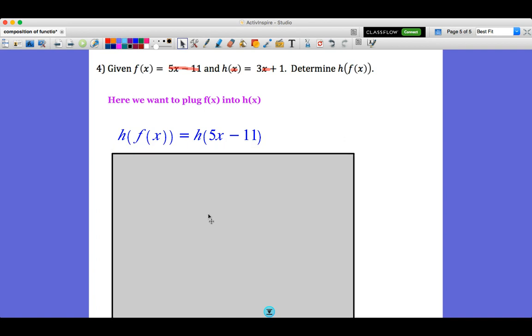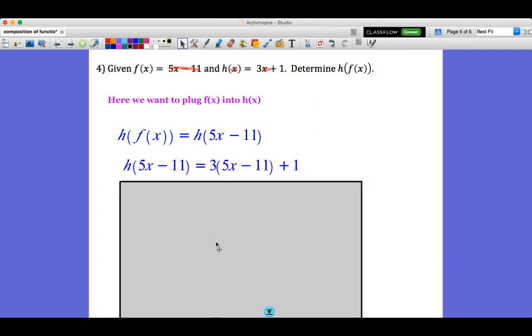So h of f of x is really saying, what is h of 5x minus 11? We're going to plug in 5x minus 11 into our x in h of x. So we're going to be solving out 3, then replace that x with 5x minus 11. So 3 times 5x minus 11 plus 1.